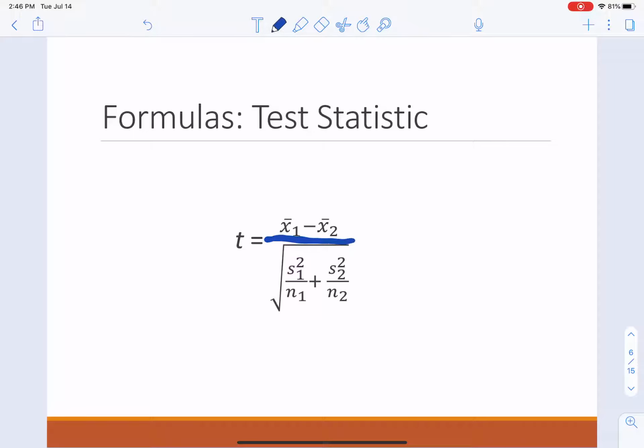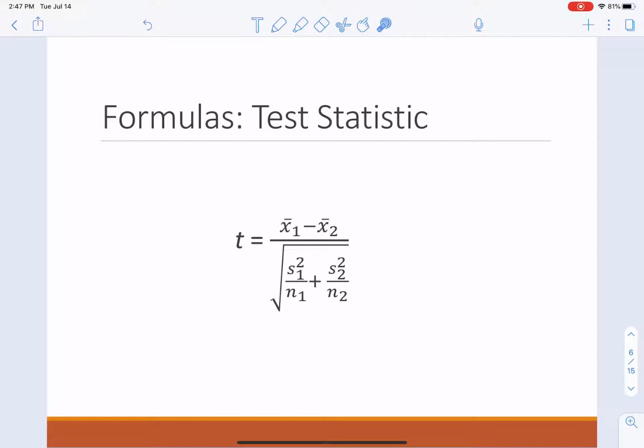And then divided by our standard error for this statistic. So it is S1, the sample standard deviation squared, very important, squared, of the first group divided by n1, the number of things in the first group, plus the sample standard deviation of the second group squared divided by n2, the number of things in the second group.